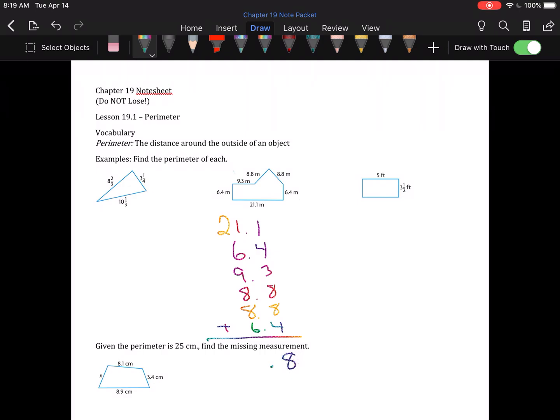So we put the 8 down and the 2 up. 2 and 1 is 3, and 6 is 9, and 9 is 18, and 8 is 26, and 8 is 34, and 6 is 40. So drop the 0, carry the 4. 4 and 2 is 6. We've got 60.8 meters. We are given a unit of measurement on this problem, so we are required to put it on the answer. So 60.8 meters.